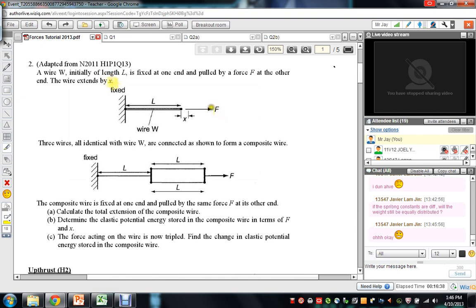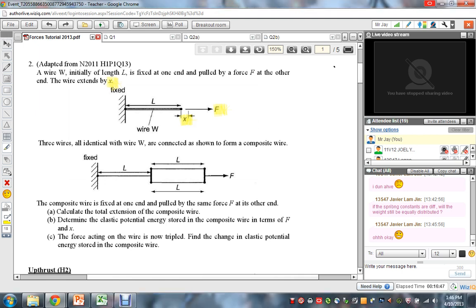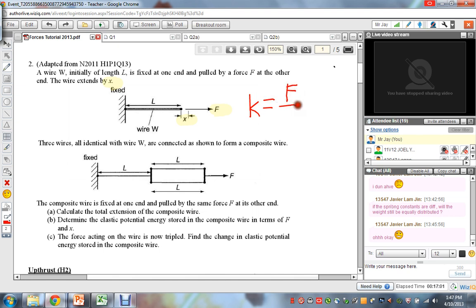The wire extends by X when the force is F. So it means that for this type of wire, regardless of what kind of system it is placed in, how complicated the system is, whenever a force F acts on it, it will extend by X. That's all. Which means that we can find its spring constant K equals F over X for this type of wire, for just one.